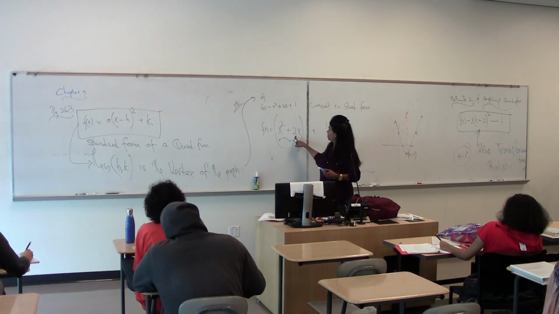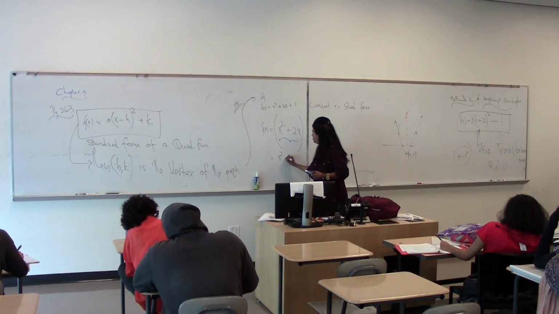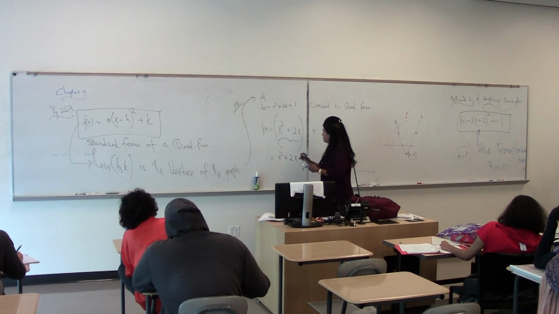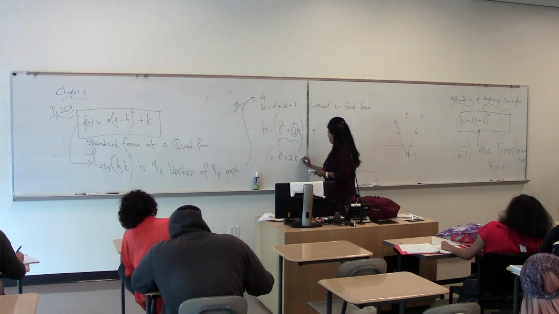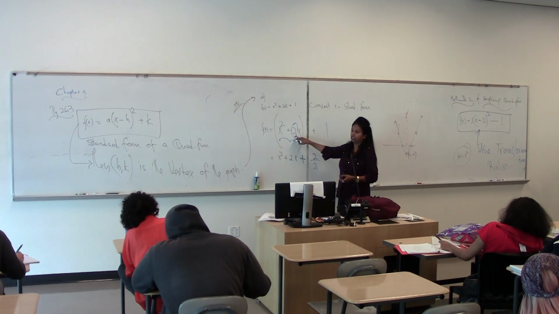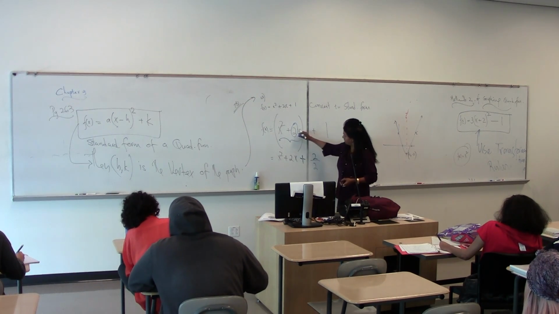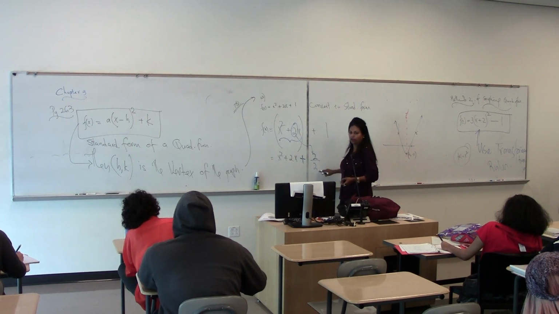So here we need to take the b part and divide by 2. So x squared plus 2x: you take the 2 and divide by 2. This is always dividing by 2. Whatever you have here, you divide by 2. If it's 5 here, you take 5 and divide by 2.